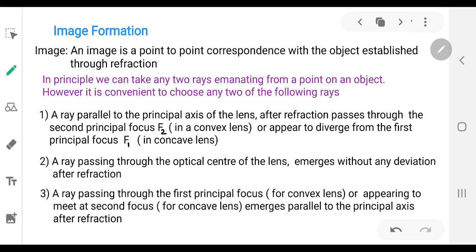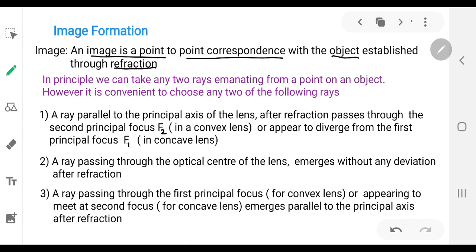Now we'll see the image formation by the lens. What is an image? An image is a point-to-point correspondence with the object, established through refraction.